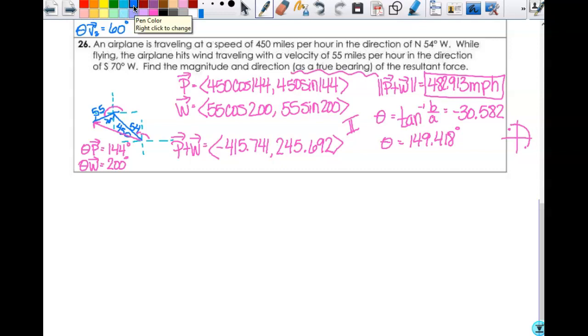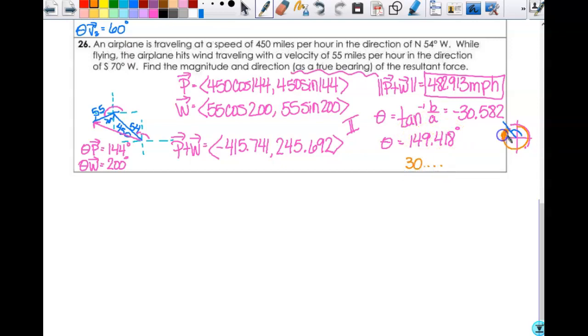This 149 is going to be this right here. What I want is a true bearing that starts here and goes around this way, which is different than a quadrant bearing, which you also need to know how to do. So if I want the true bearing, I know that this is 90, 180, 270 plus however much this is. Well, this part right here would be 180 minus this number. 180 minus this number gives me 30-something.